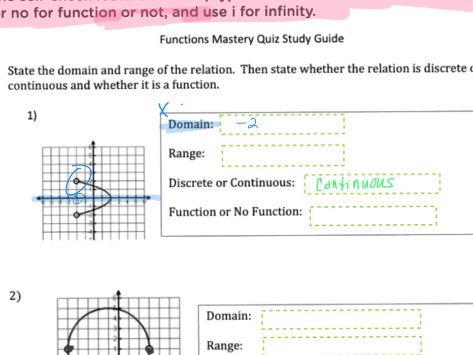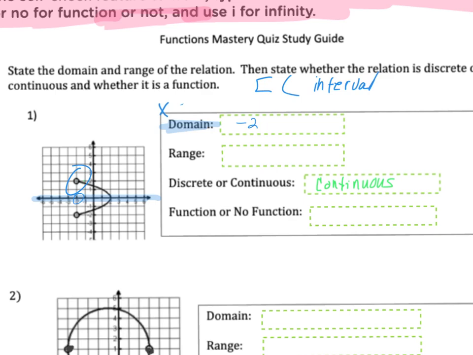It's all these coordinates in between, which means that we need to represent the domain with interval notation. So remember that interval notation is either a hard bracket or that soft parenthesis, one of the two. That's what we use for interval notation. And again, the reason we're doing interval notation is because this is continuous. So we have to account for all the numbers in between because they're not just isolated numbers.